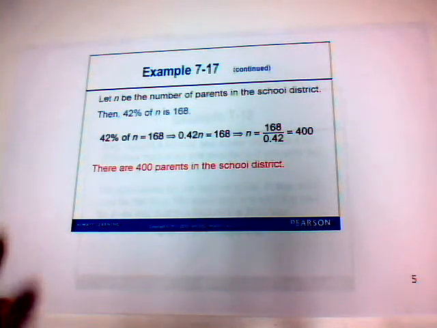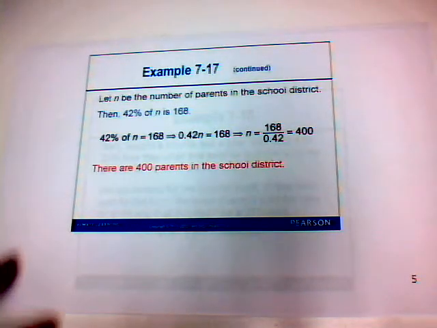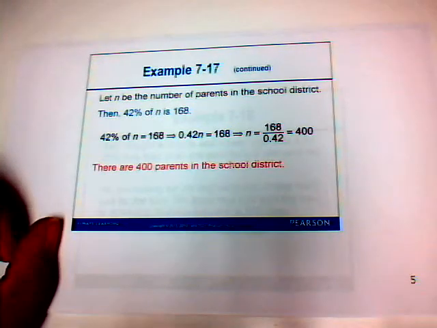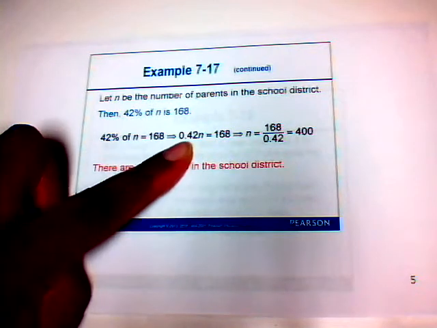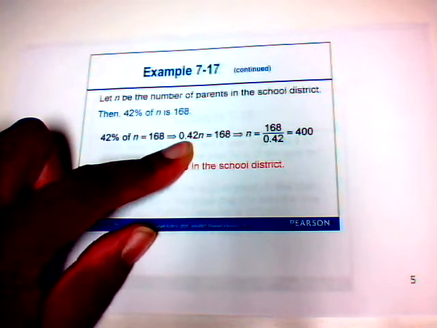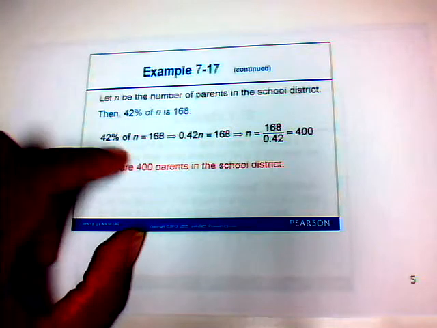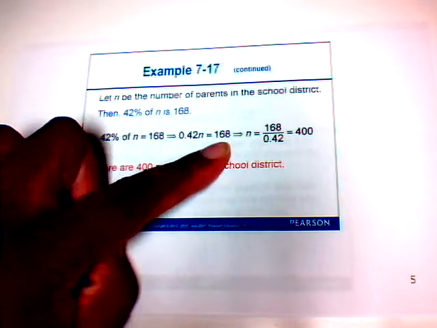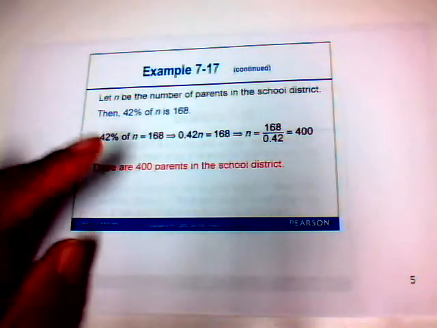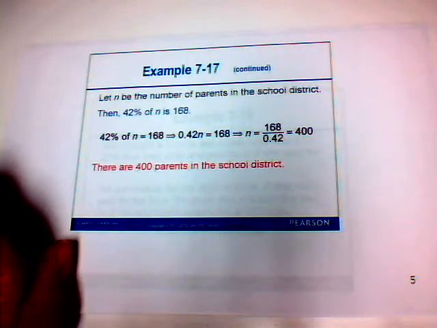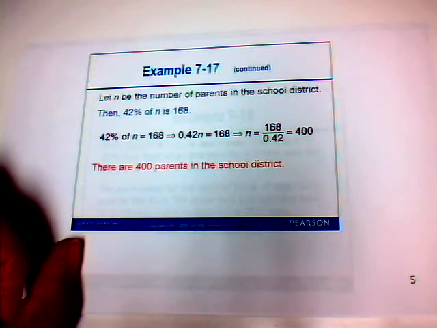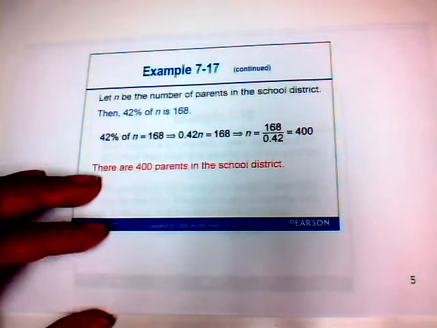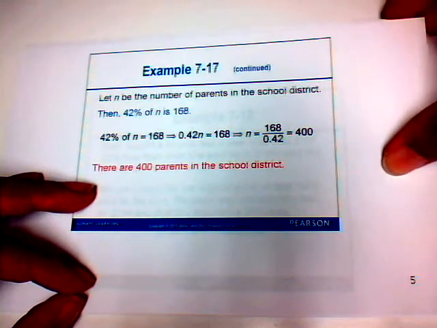And we're going to let n be the number of parents in that school district. That means that 42% of n is 168. 42% as a decimal will be 0.42 times n. The word of means multiplication, so it'd be 0.42 times n is equal to 168. Now take 168 and divide by 0.42, you'll get 400. So that means that there are 400 parents in the school district.